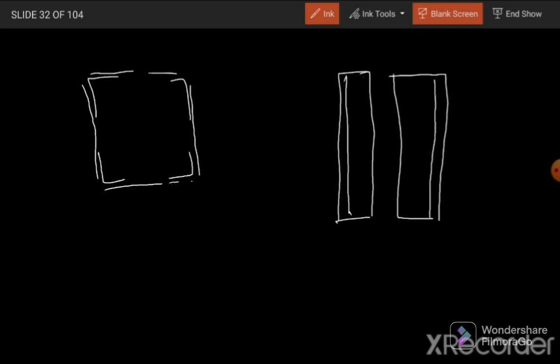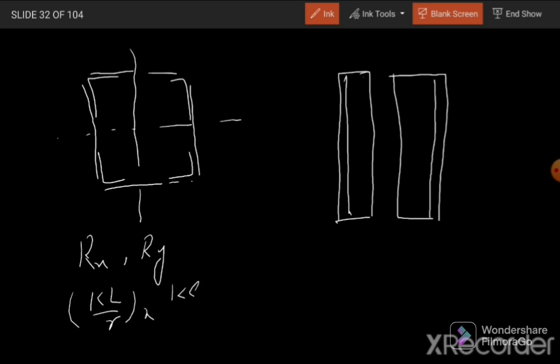This overall section will have slenderness ratio about X as well as Y, meaning KL over Rx and KL over Ry about the Y axis. So the larger value out of these two will be the governing value.